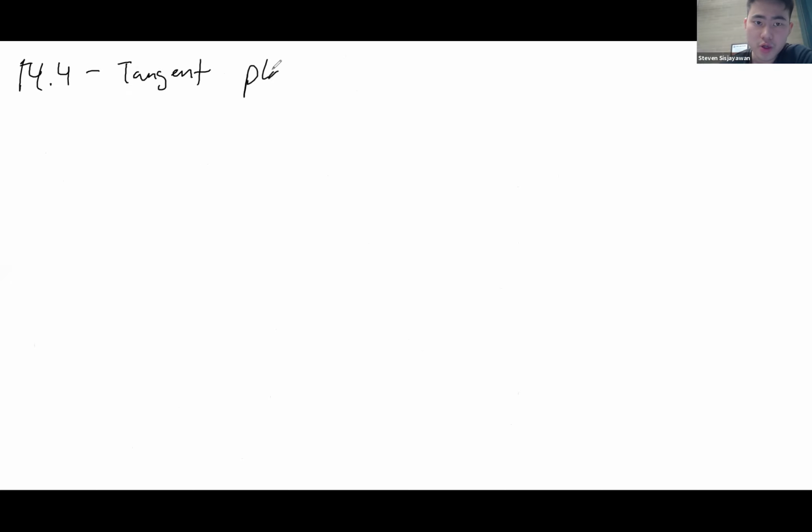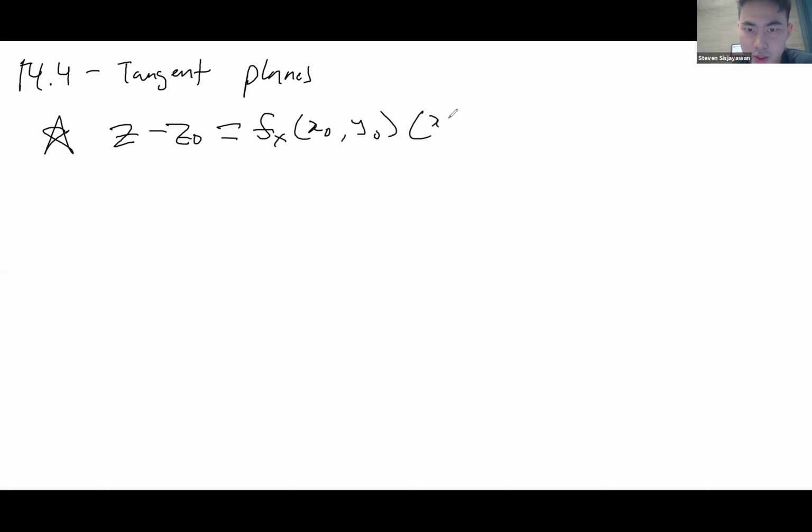Before we go into questions, I'm just going to recall this equation, which is going to be really important. This should be covered in Tuesday's lecture, I'm assuming. Yeah, this formula right here. Just going to write it out first. Plus fy of (x naught, y naught) times (y minus y naught).